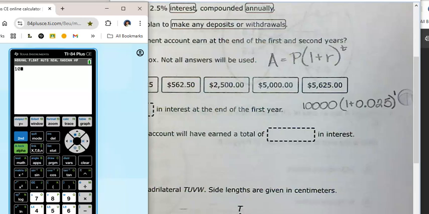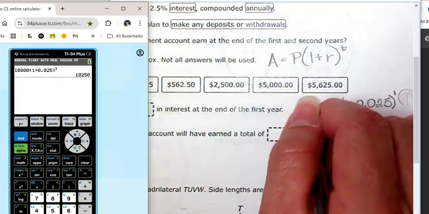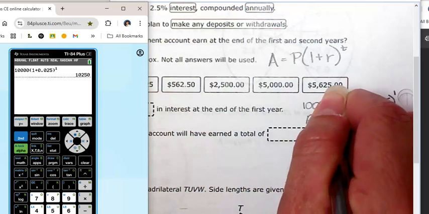All right, so that's going to be 10,000 times 1 plus 0.025, because 2.5% interest is 0.025 in decimal form, raised to the time period, which is in this case just 1 year. Enter. Okay, that is your account balance at the end of 1 year.